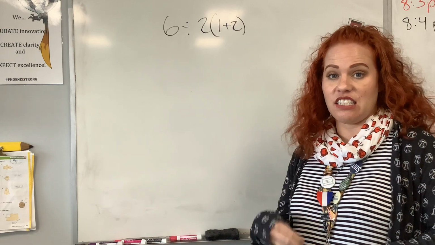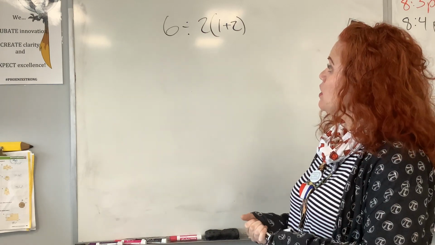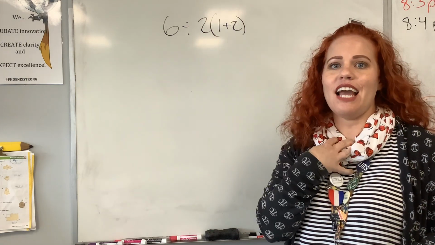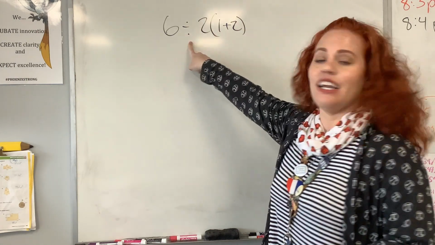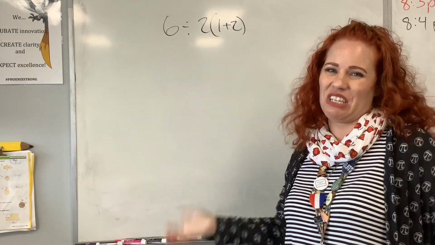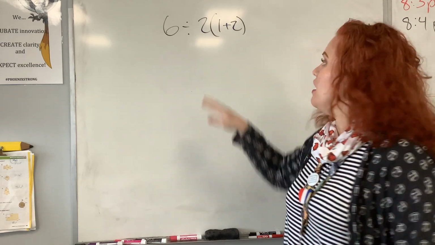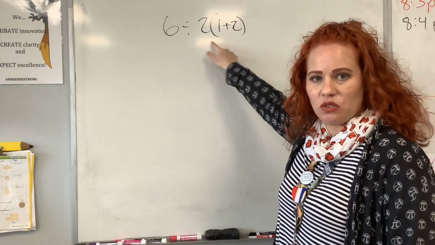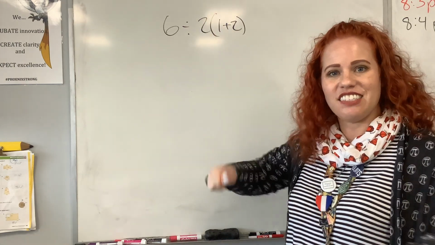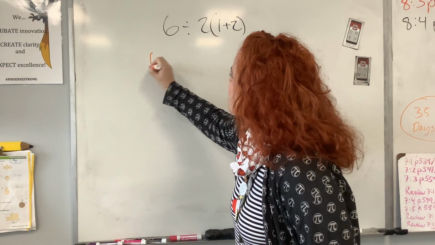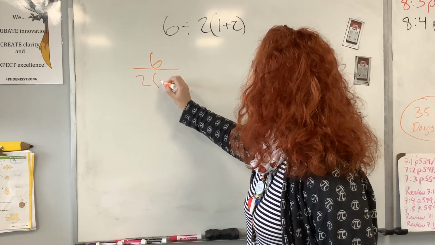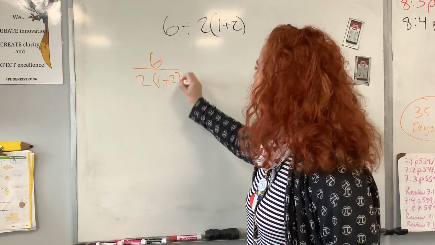Okay, I can actually see it two different ways. For me, I don't like using the divide sign once we get to algebra. If we have the divide sign, then we need to use the multiplication sign as the x. If we're going to use a 2 next to a parentheses, then that means we're in algebra, in which case the divide sign to me means that that's a fraction, in which case it would be 6 divided by 2 times 1 plus 2.